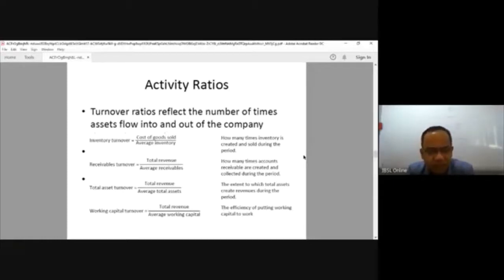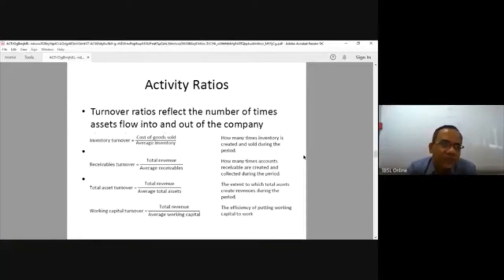Working capital turnover. You look at how much the average working capital is, from the balance sheet, current assets minus current liabilities. Then revenue divided by working capital shows how many times the working capital has turned over. That is also an indicator. You have so much working capital, and how many times have you turned it over in the business?